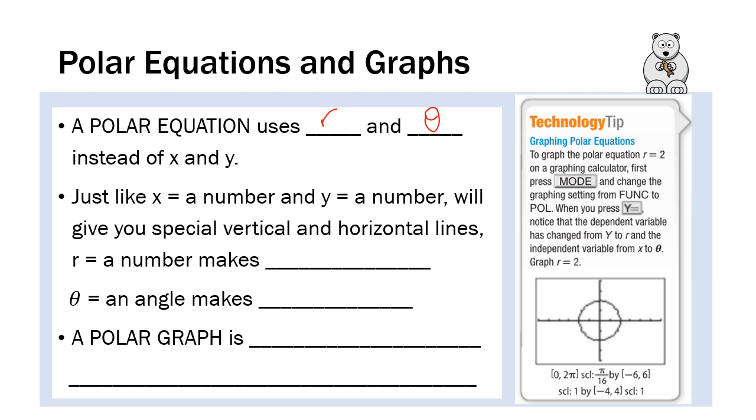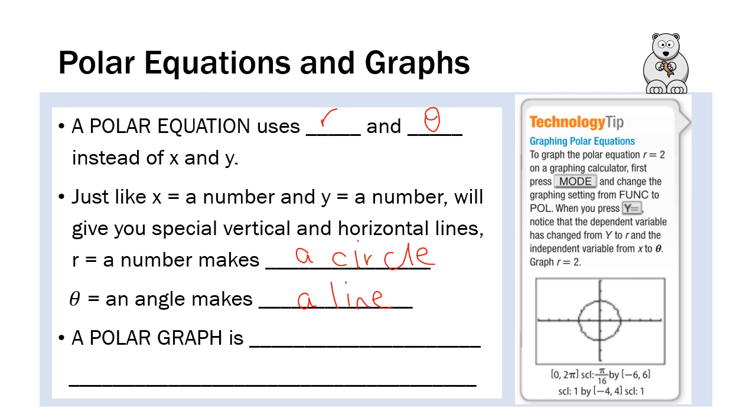Just like x equals a number, or y equals a number, those are straight lines, horizontal lines and vertical lines. The same thing, you get the most basic shapes from the radius. You get a circle. And from theta, you get a line.